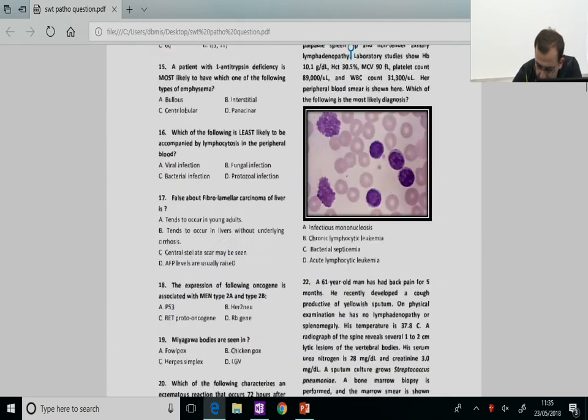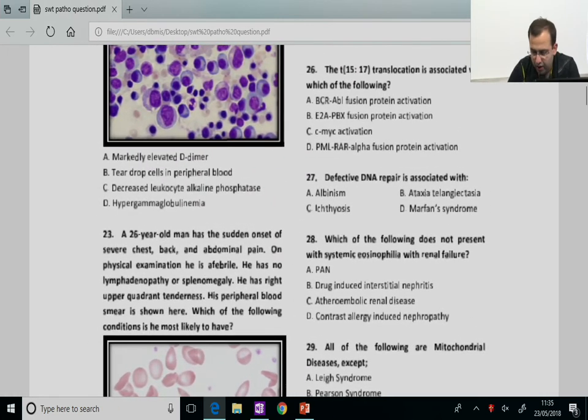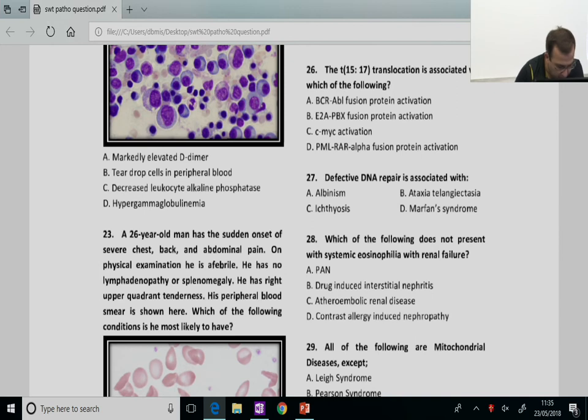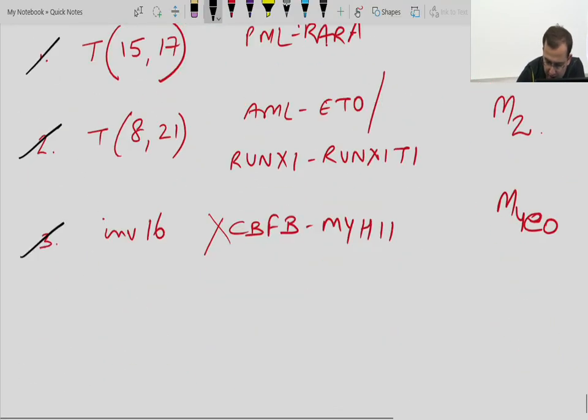This gets us to the next question, question 27. Defective DNA repair is associated with, and the answer is B, Ataxia telangiectasia.